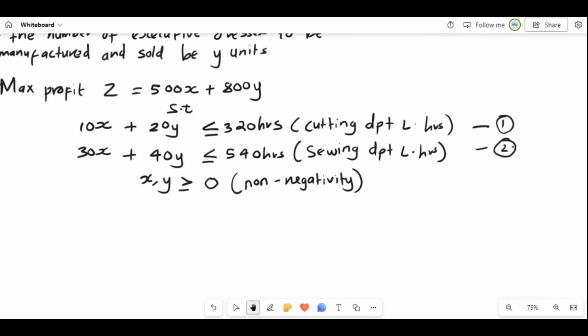And because we have two constraints, we will introduce two slack variables. So that the first constraint will have the slack variable S1 and the second constraint will have the slack variable S2. But when we introduce the slack variables in our model, we'll change the inequality to equations.